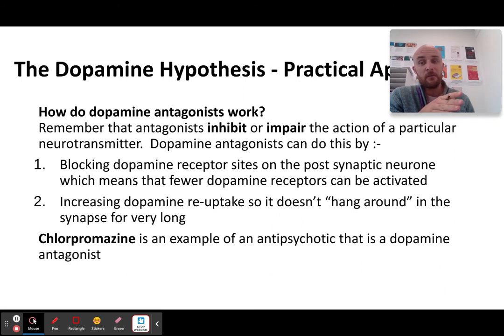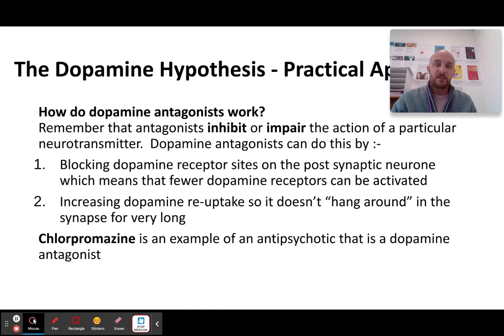I am going to go through this now, but what might be a good idea is if you turn to the drug therapy part of your workbook, and it may not have a part on it, but if you can talk about how dopamine antagonists work, that would be very useful. So you may want to pause the video and move your workbook to the drug therapy part of schizophrenia. You have to go past the psychological explanations. And I want you to make a note of what you have on the screen here, because this is important to how dopamine antagonists work.